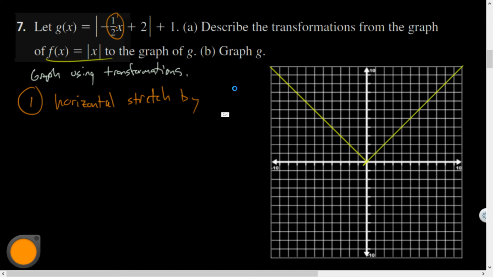It's the opposite, the reciprocal of that. All right. So let's do that first. Horizontal stretch by 2. 0 multiplied by 2 is still 0. 1 multiplied by 2 is 2. 2 multiplied by 2 is now 4. 3 multiplied by 2 is now 6. 4 multiplied by 2 is now 8. And so this was a horizontal stretch.